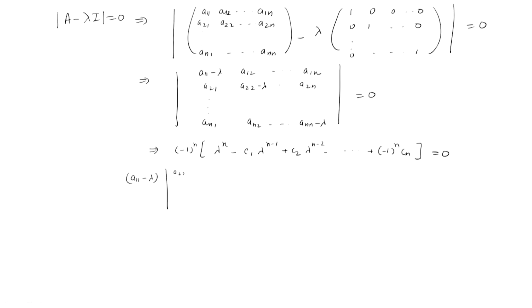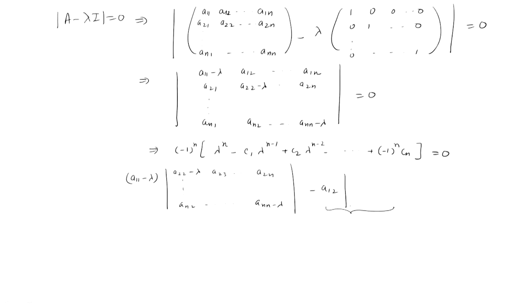So, this will be the remaining determinant, minus A12. Now, when you expand from this element, you delete this column and this row, that means two factors of lambda are not coming in this expansion.